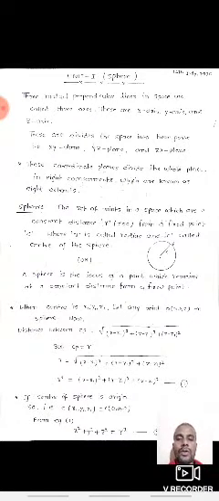Now we go to the definition of sphere. The sphere is the set of points in a space which are at a constant distance r from a fixed point C, where the constant distance r is called the radius and the fixed point C is called the center of the sphere. Another definition: a sphere is the locus of a point which remains at a constant distance from a fixed point.